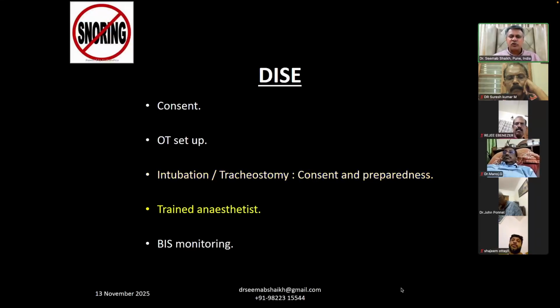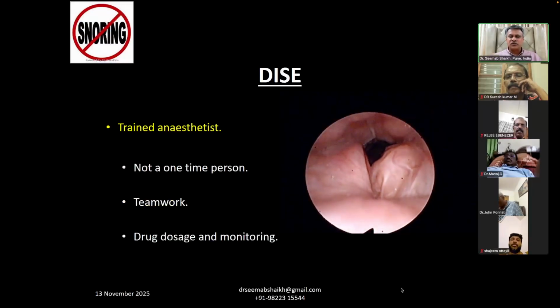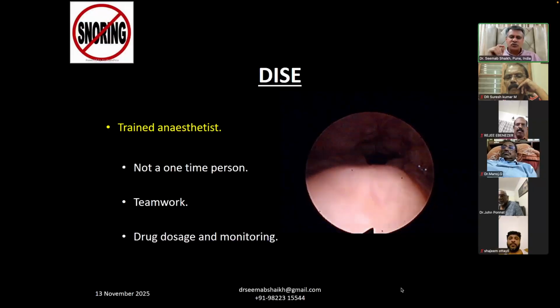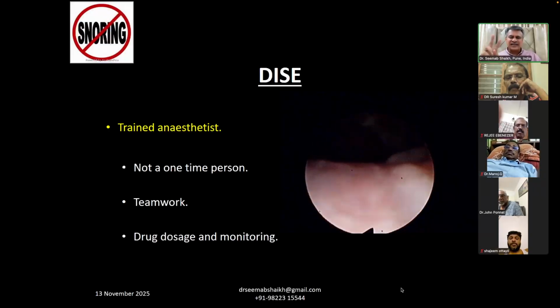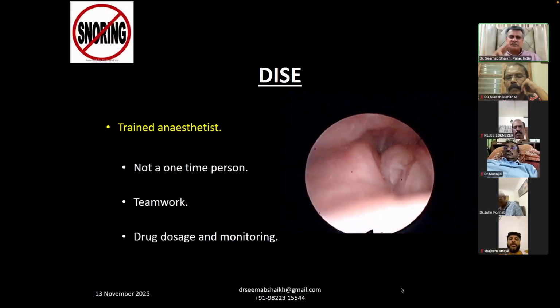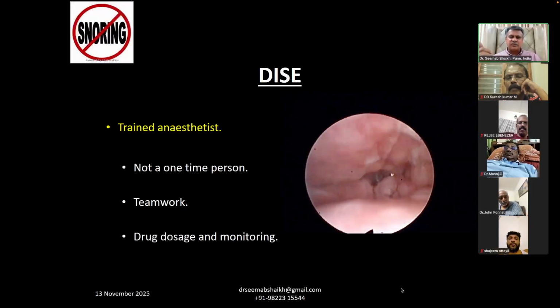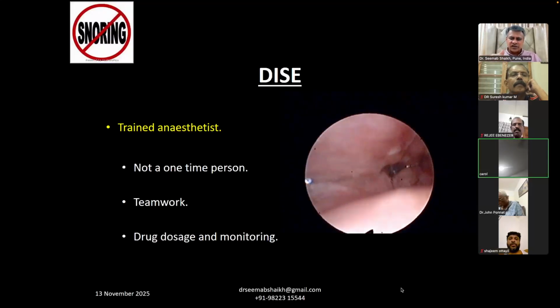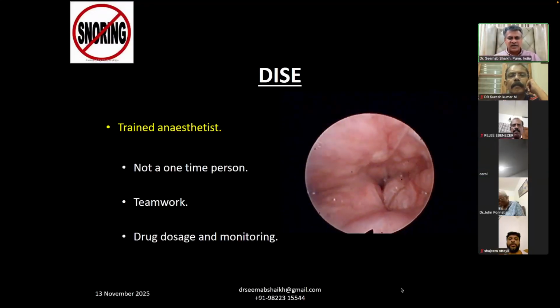The other very important point to keep in mind when you're doing a DISE is to make sure you have an extremely well-trained anesthetist with you, and you should only work with two anesthetists when you're doing a DISE, both of them equally trained. Why the second one? Because sometimes the first one may not be available to you, whether you're in an institute or in private practice.